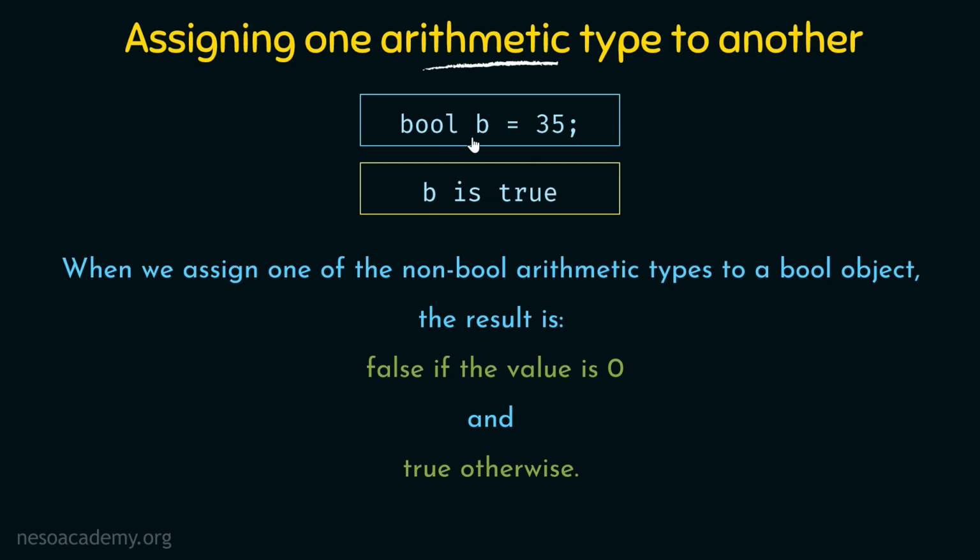Whenever we assign a non-bool arithmetic type to a bool object, the result will be false if the value is 0, and in all other cases it will be true.